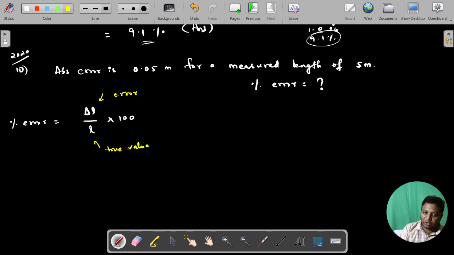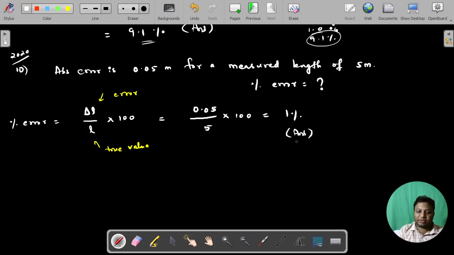True value means the average of all the experimental observations. You might have repeated the measurement 3-4 times, and when we take the average, we get the true value. The error is 0.05 and the measured length is 5. When you multiply with 100, it is 1%.